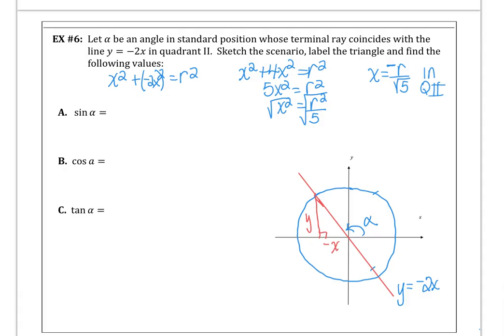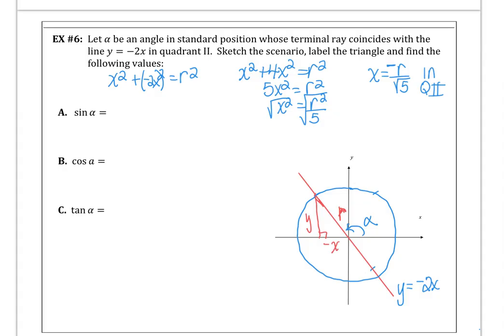And then the value for sine is opposite over hypotenuse. So we've got to figure out the hypotenuse. We're calling that r. This is our hypotenuse. Sine is the length of the opposite side, which is y, over the hypotenuse.